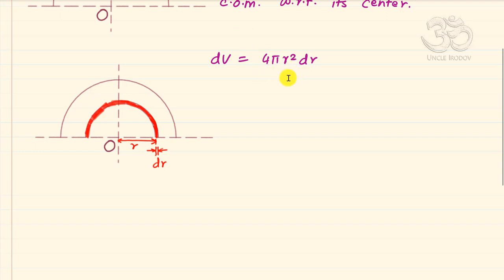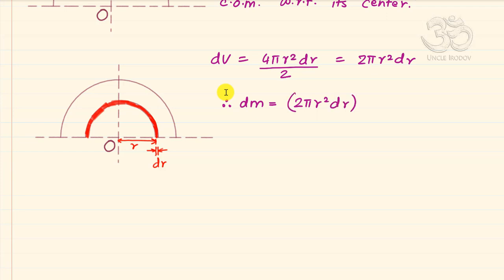So I will have to divide this by 2. So this is 2 pi r square dr. That's the volume of this red shaded portion, and then its mass becomes 2 pi r square dr times rho, where rho is the volume mass density.